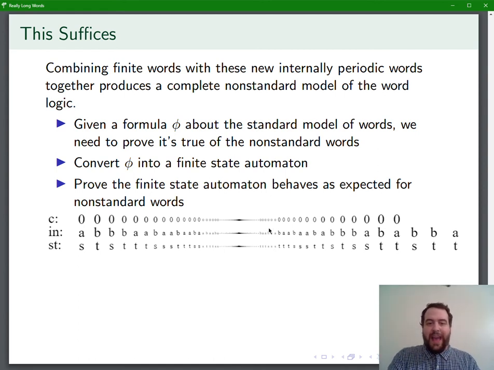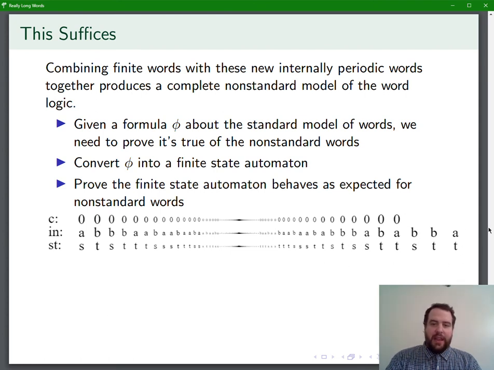And then everything has to match up coming out. So the input is going to match up with the states, and that's all going to match up with, again, our choice of how modular arithmetic works for these on the infinite bit. And then eventually we're going to see some random string of characters again, and that's going to turn into a random string of states.